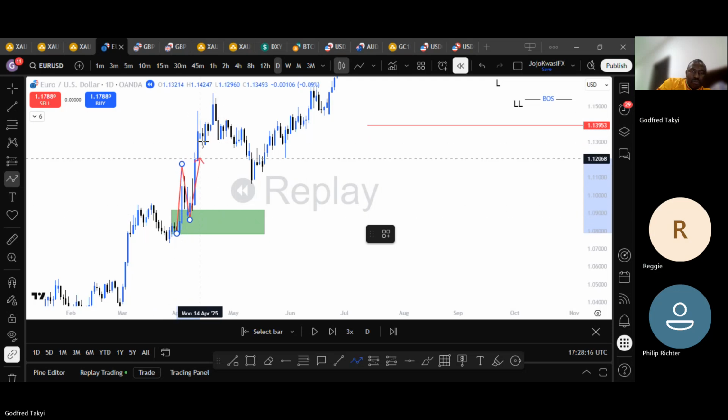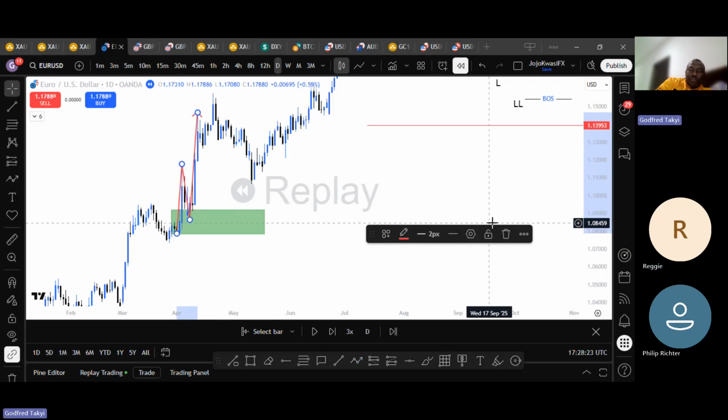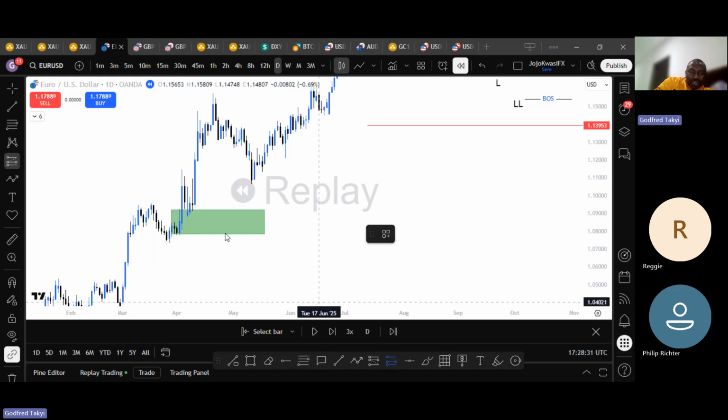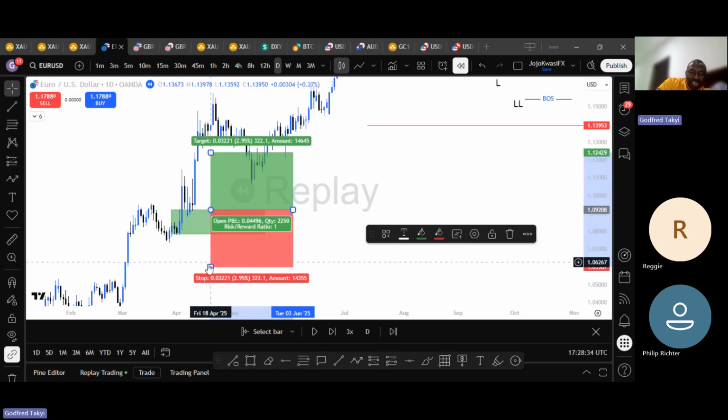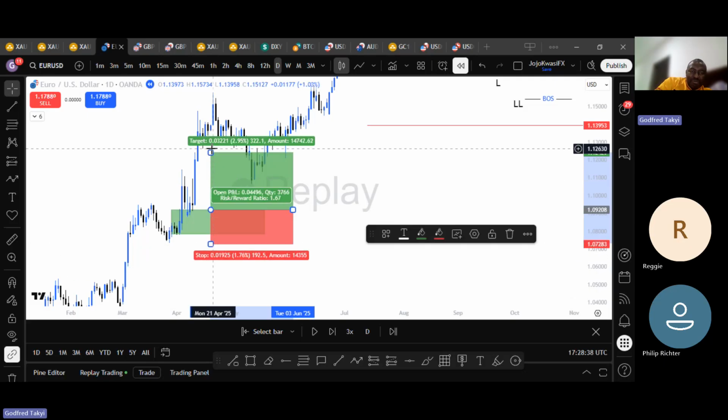Imagine if you had entered this trade when price had just done this, instead of chasing the market, you rather come and wait here. You put your stop loss below the last week here, and you target based on market structure.